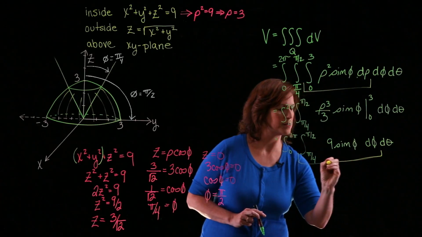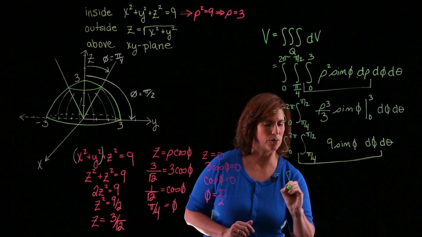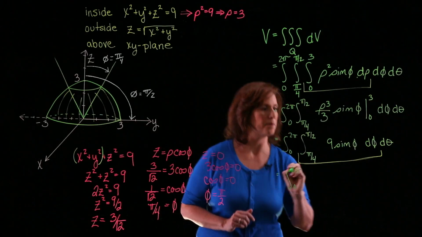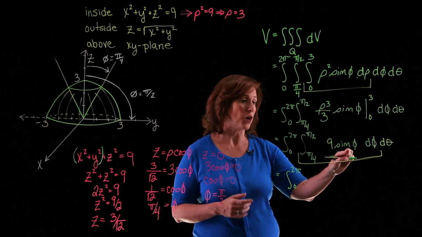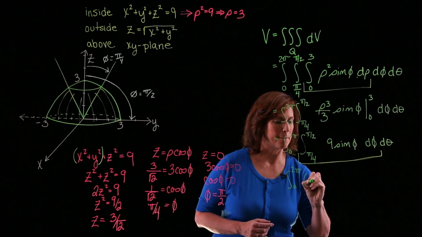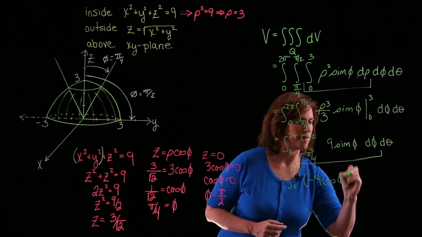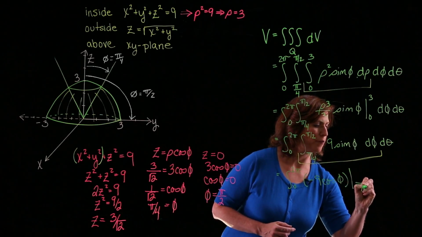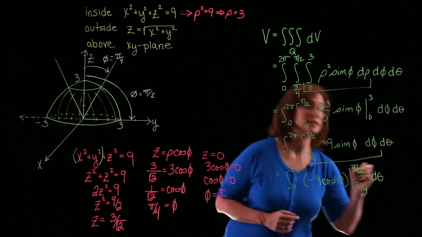Now I'm ready for my next integral, integrating with respect to phi. So I've got the integral from 0 to 2 pi. 9 is a constant, so I pulled that out. The integral of sine is negative cosine. So I'll have minus 9 cosine phi evaluated from pi over 4 to pi over 2, d theta.